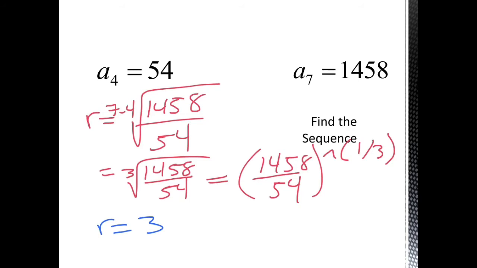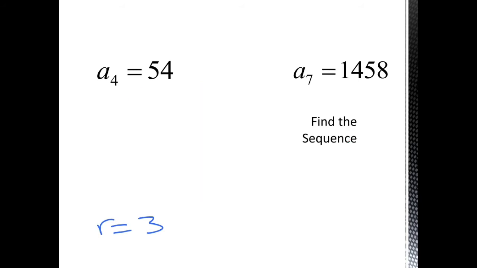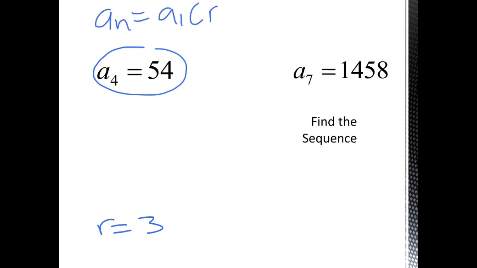Okay, so let me go ahead and get rid of this here. Okay, I know what r is. I want to find my first term. So again, it's going to use this here. We're going to say that since our formula is a sub n is equal to a1 times r to the n minus 1 power, a sub n is 54, and n is 4.